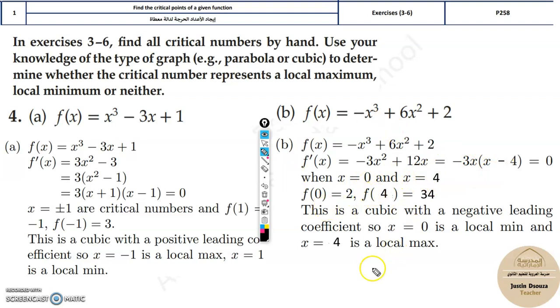And then, as I told you just now, you can have the knowledge of the graph. Now over here it's minus, so what happens is the upside is the left side. The cubic graph will be something like this. So the first value, the lower value, which is the lower value? 0 will be a minimum and 4 will be a maximum. So this is how we can solve having the knowledge of the graph.